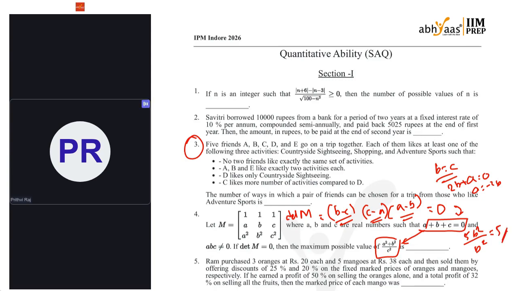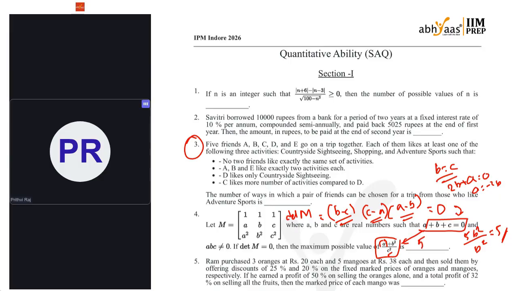So it's 5. Like that, if I solve everything, I'll get the value 5.